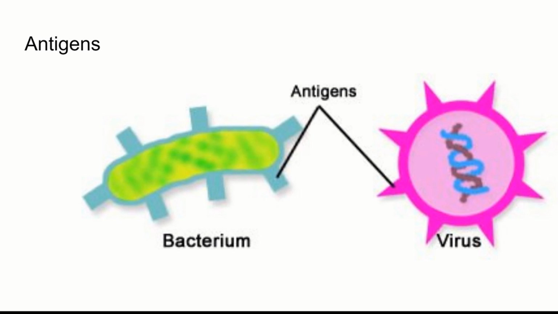The antigen is the recognizable part of a pathogen that our immune system is able to identify. So if you go back to our glossary on page 3, you see antigen, and it is the identifiable part of a pathogen.